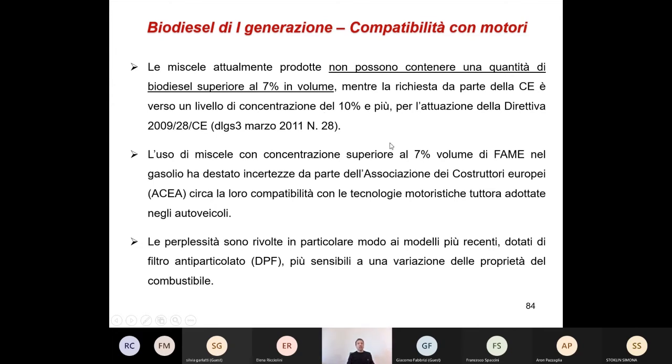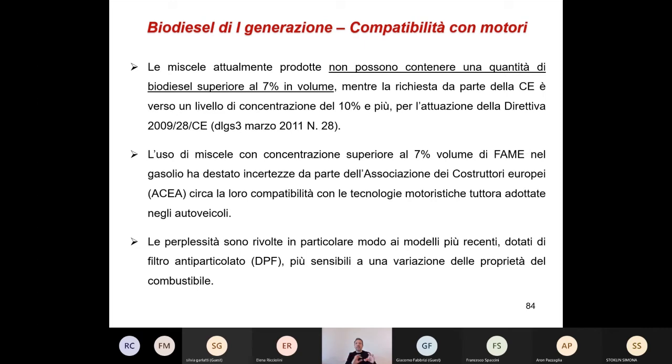Of course, we have to produce that quantity of biodiesel, and as we saw in the first lesson, the production of biodiesel and bioethanol is not so high, so it's also difficult to produce large quantities of these biofuels. I mean, not only technical but also production problems for this sector.